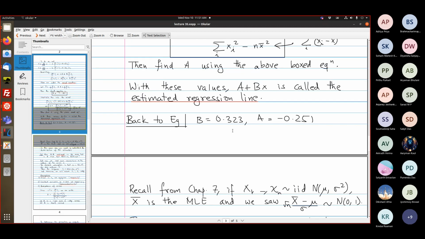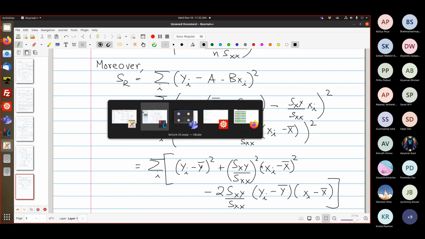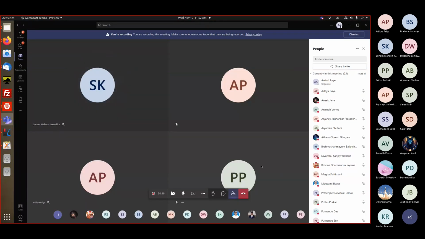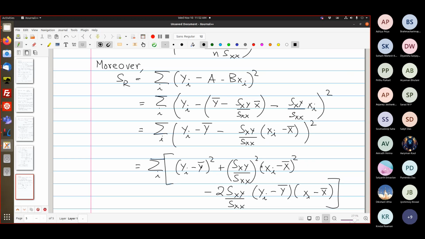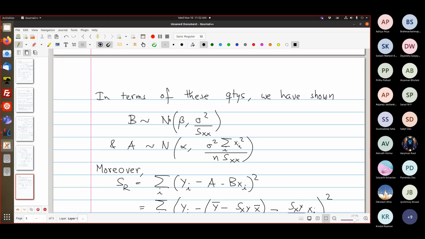I gave formula B here and A here. So we did not need to use anything about sigma because we were just constructing the estimators. Then when we looked at the distributions, we saw that both are normals. The variance depends crucially on sigma, but we don't know sigma.